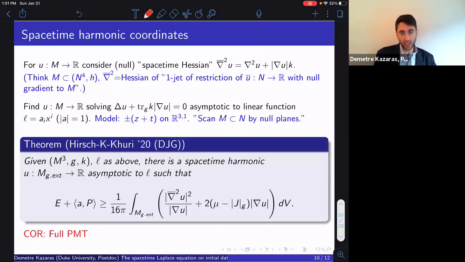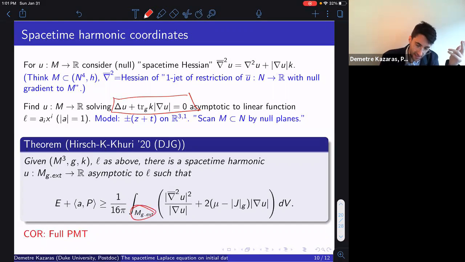So given an initial data set, you can do what we were just talking about. So for some linear function at infinity, some coordinate function, you can find a space-time harmonic function which solves this equation, which is asymptotic to that given linear function. And by the way, you should not consider this on necessarily a general data set, you should maybe pass to some sort of notion of an exterior region. Ask me about that later, if you'd like to know.